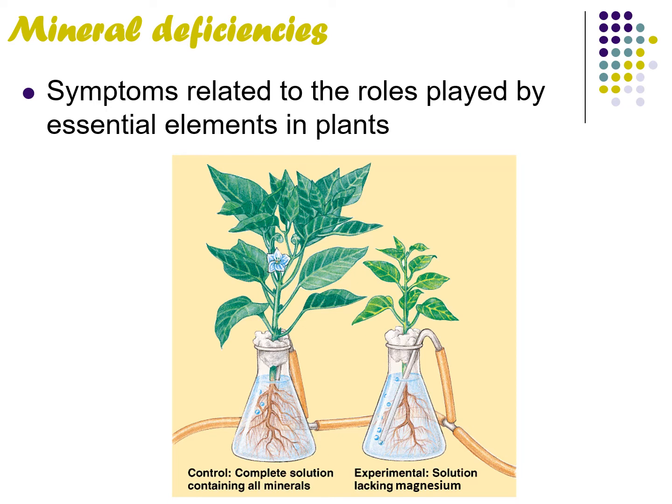A particular mineral, such as magnesium, can be omitted from the culture medium to test whether it is essential to the plant. If the element deleted from the mineral solution is an essential nutrient, then the incomplete medium will cause plants to become abnormal in appearance compared with controls grown on a complete mineral medium.